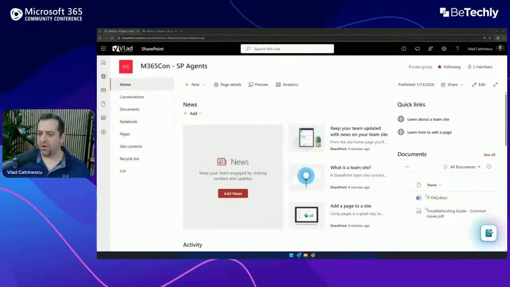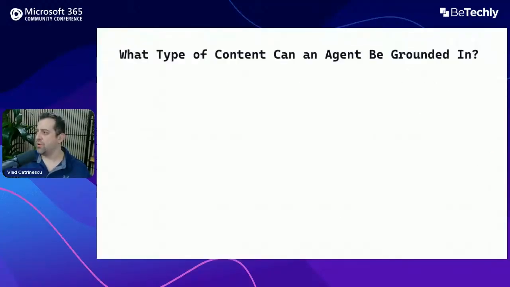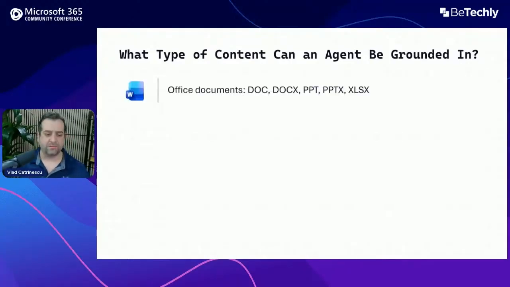Now, I know we don't have that much time left, so there are just a few things I wanted to put on the screen as questions I often get. So let me make sure that you all see everything over here. There we go. You might be wondering, what type of content can an agent be grounded in?